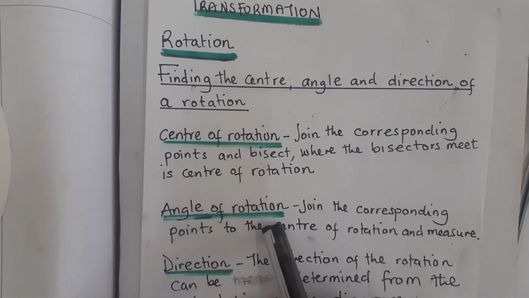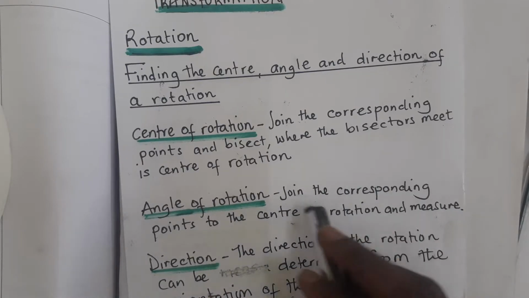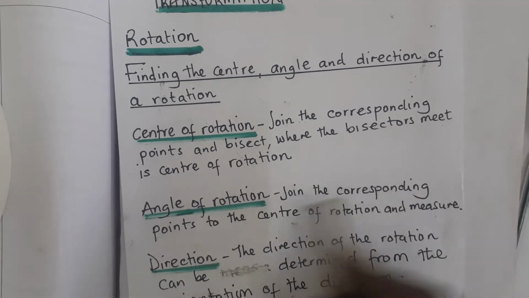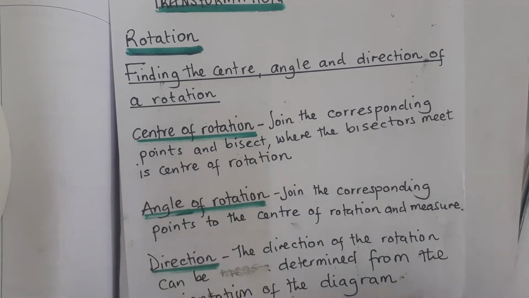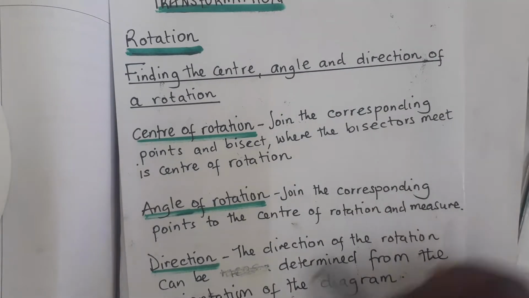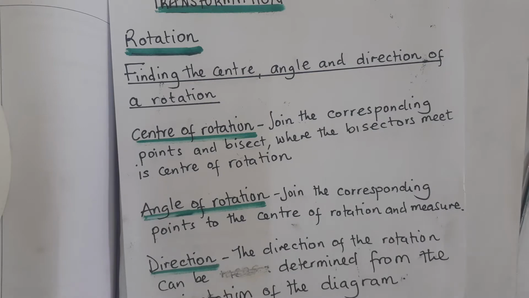Then the angle of rotation, what do we do? How do you find the angle of rotation? You join the corresponding points, just two corresponding points. For instance, A to A1 through the center.